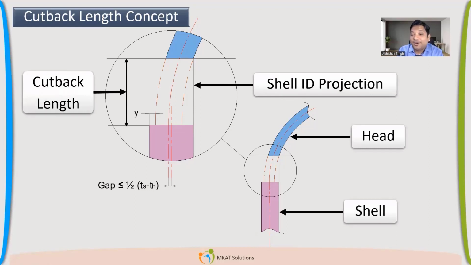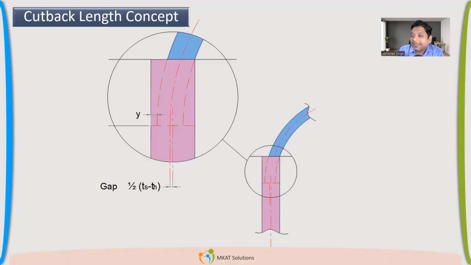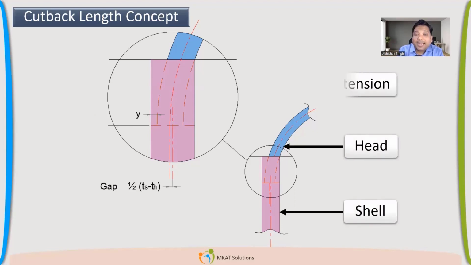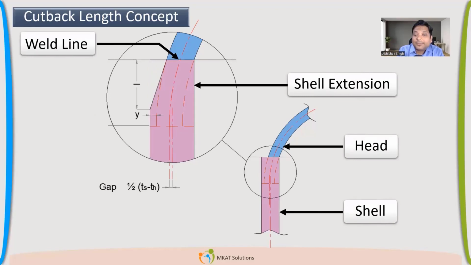Now, see, I cannot have this much gap, right? So how will I fill this gap? Increase the shell length. Whatever cutback length we had, I'll increase the shell length to match. Now, once I have matched that, I'll taper it. You wanted always to taper.